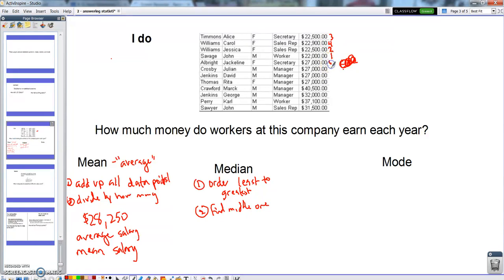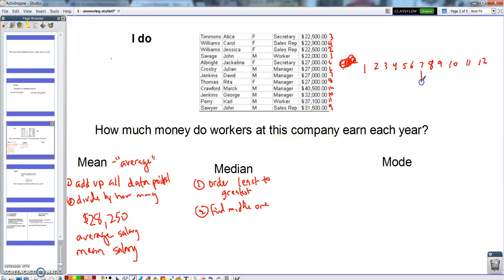This is number 5, 6, 7, and 8. Next looks like 9, 10, 11, 12. So I've got 12 numbers here: 1, 2, 3, 4, 5, 6, 7, 8, 9, 10, 11, 12. And I want to find the exact middle.